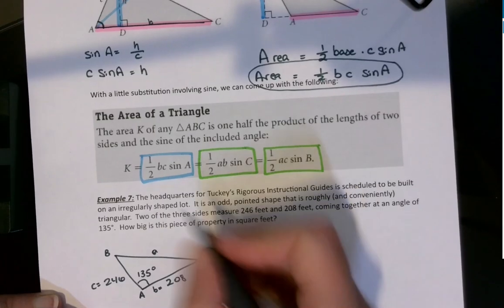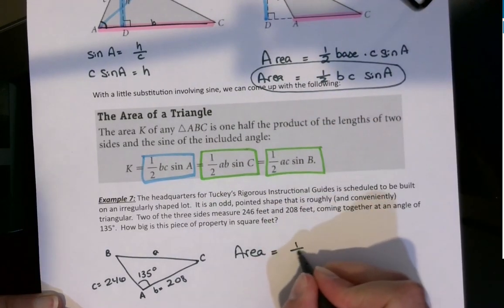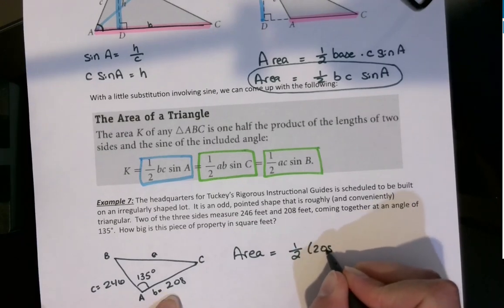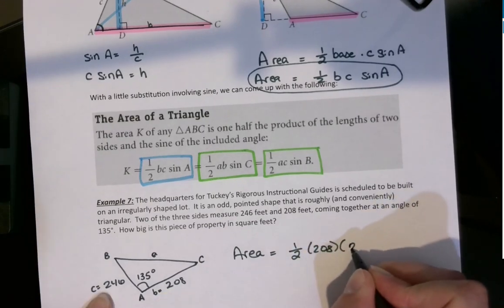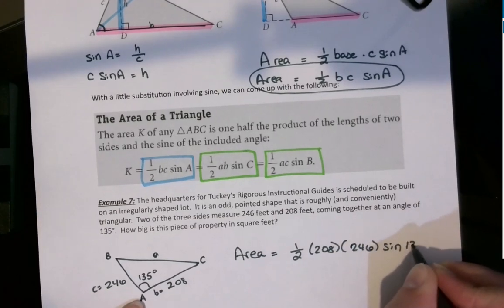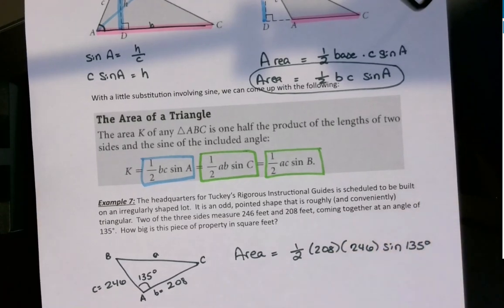Area, K, is equal to 1/2 times 208 times 246 times the sine of 135 degrees.